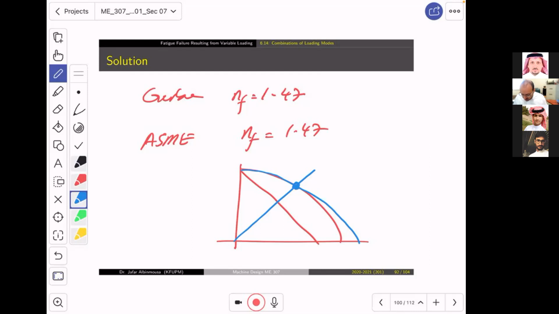If the line is elsewhere, each criterion will give you a different value. But here, Goodman gave you a different one, but these two gave exactly the same value. Do you understand? This is not the end, there is a little bit more. I will explain it next class before we start chapter 7.